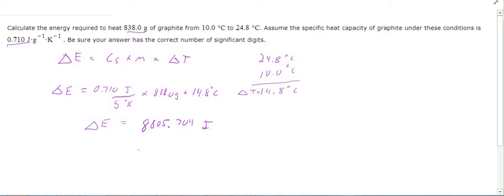Okay, we know that that doesn't look right because of sig figs.